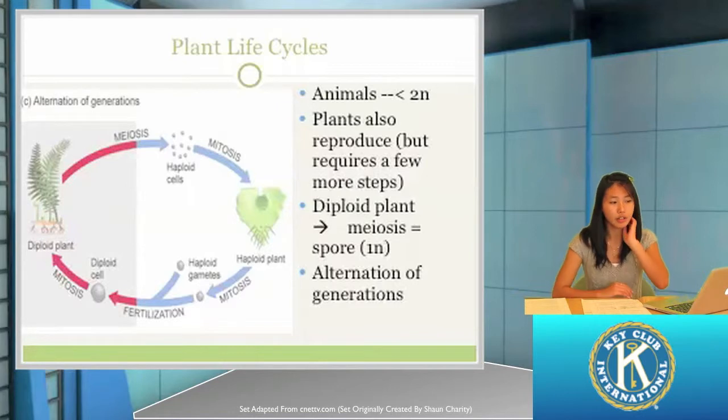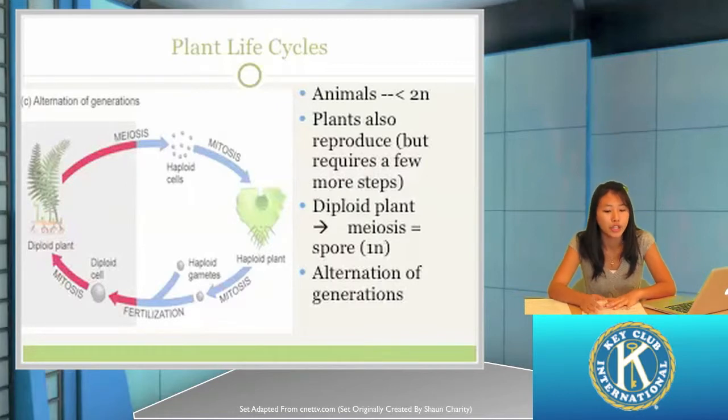If you didn't know already, plants reproduce just like we do. It's just that they require a few more steps. This reproduction that I'm going to talk about only occurs in ferns and mosses.